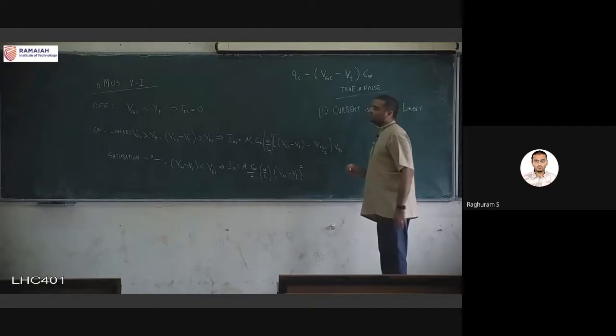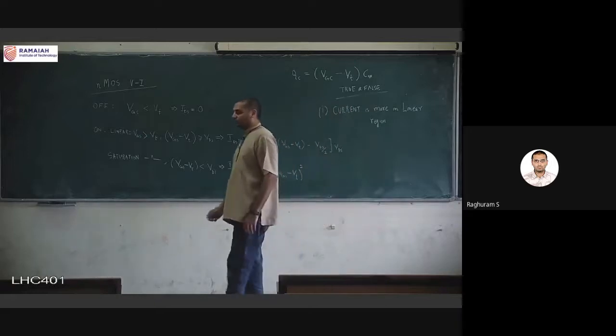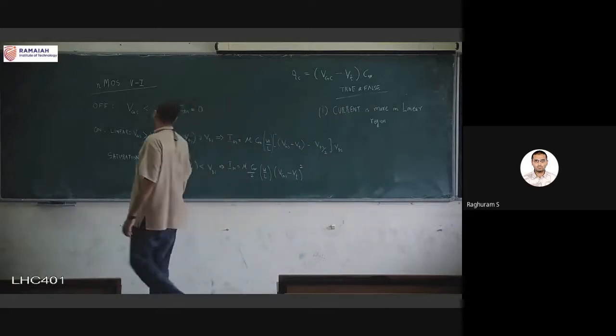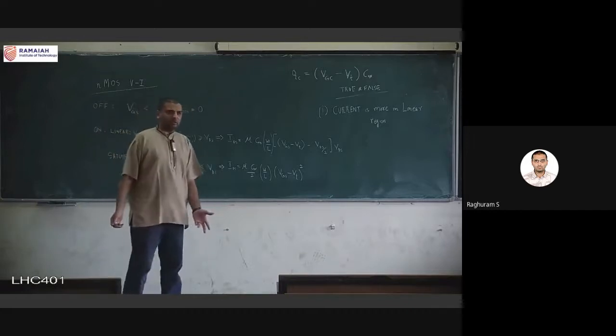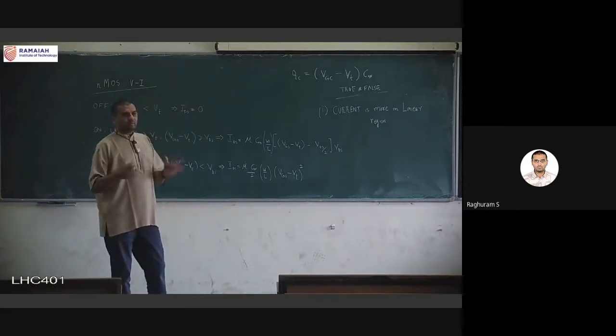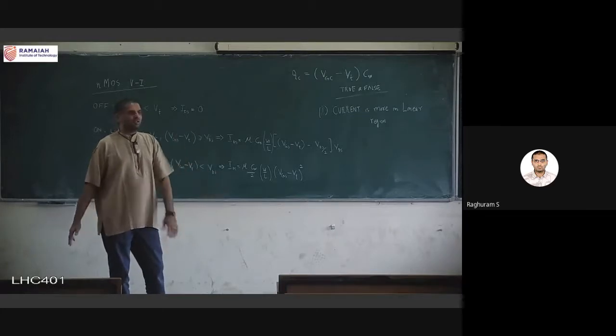First question: current is more in linear region, true or false? So we have the equations, you can look at the equations, but this is in general, just for some particular power supply voltage, some particular transistor. Suppose I'm calculating the current for linear region once, saturation region once.